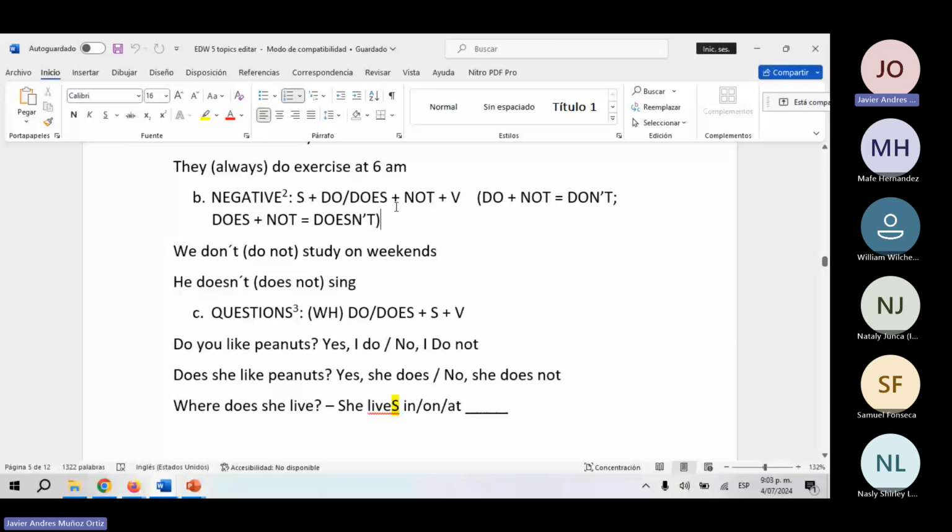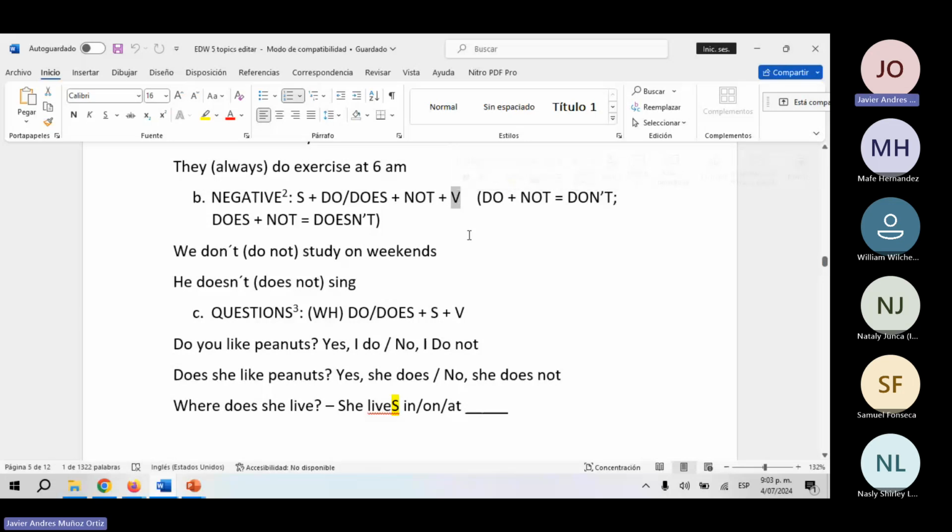The negative part goes between the person or the group of people who perform an action, so between the verb and the subject, because the group of people is going to be called subject. That's it. And what's going to happen with the verb? We are not going to modify it.